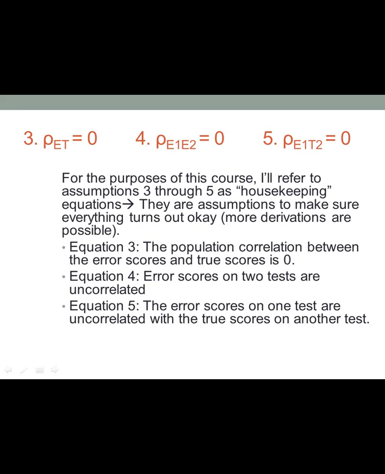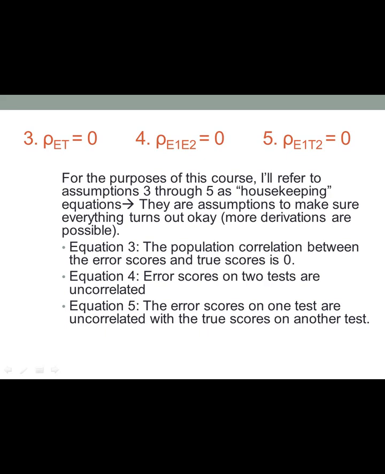Psychometricians introduced these 3 assumptions to help themselves and people who are using the theory to derive additional equations that are useful in applied settings. We're going to encounter those additional equations in a little while, but those are not part of this video, and I'm not going to talk about them now.